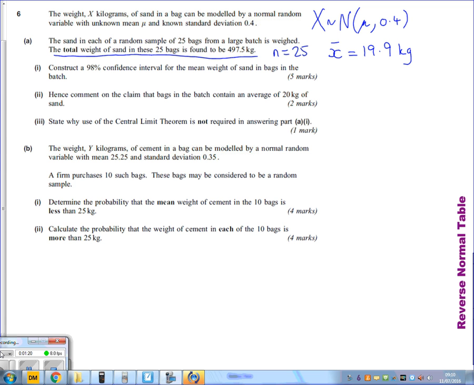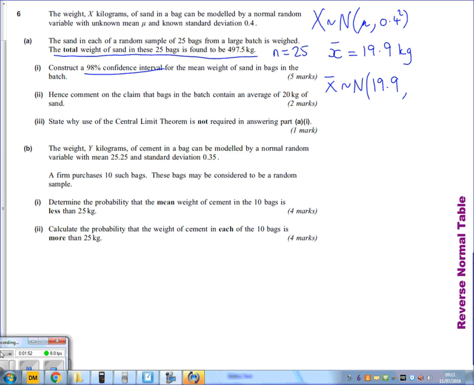So we want a 98% confidence interval for the mean weight of sand in the bags in the batch. So we're thinking about the mean weight of sand in the batch. So we're doing x bar, it's distributed normally. And we're going to use our mean from the sample as our estimator for the population mean, so 19.9. So right up here I forgot to put squared on my standard deviation, because obviously in our normal distribution we have the mean and then the variance.